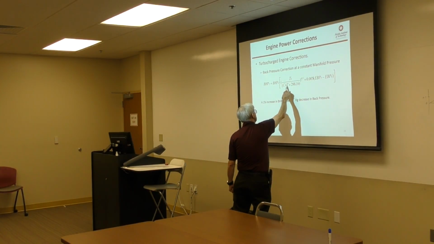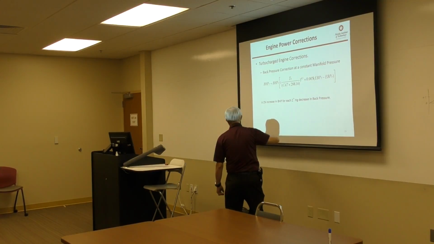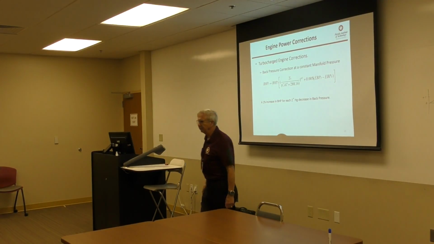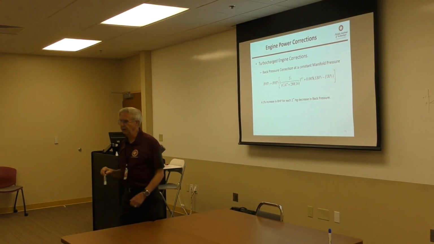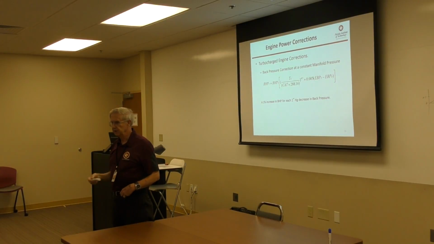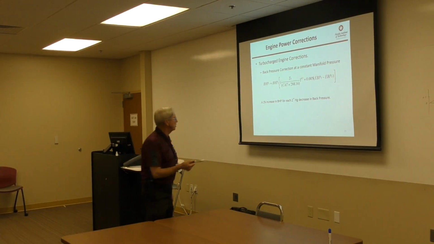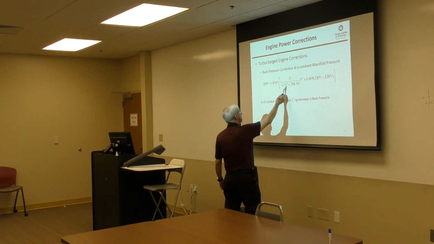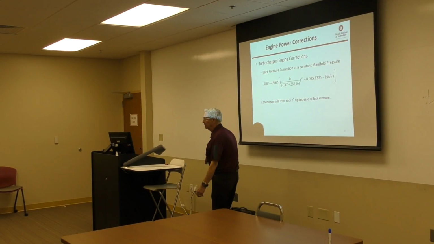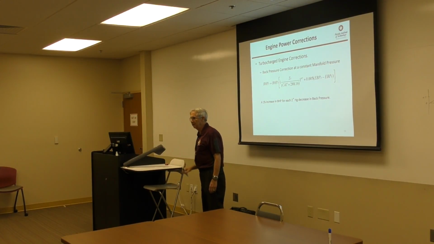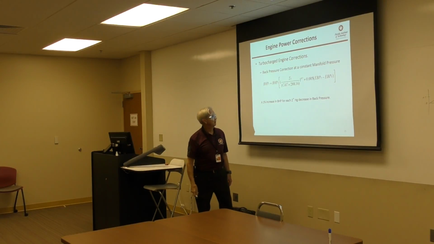standard temperature. This is carburetor air temperature. We don't have a probe in our carburetor on the Saratoga. Maybe we ought to put one in, but we'll replace carburetor air temperature here with outside air temperature or ambient temperature, okay?